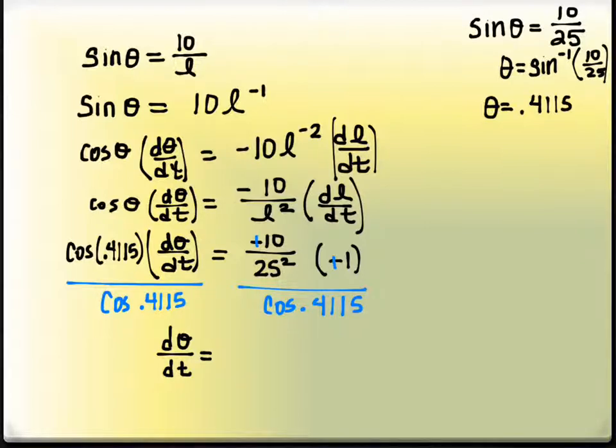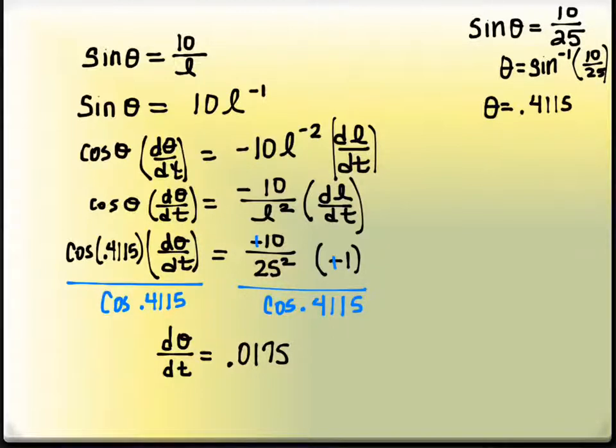What do we get for d theta dt? We type 10 divided by 25 squared, hit enter, divide by the cosine. 0.0175. Okay, does that numerical value look okay to everyone? Is your calculator giving you that as well? If it's not, please let me know, because we might need to take a look at the calculator issue.